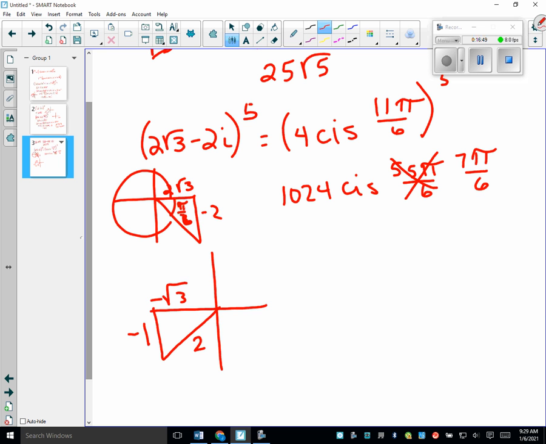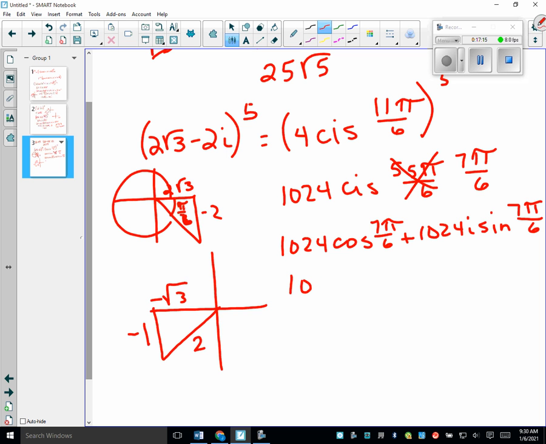Is that correct? So I have 1024 cosine 7 pi over 6 plus 1024 i sine of 7 pi over 6, right? What's the cosine of 7 pi over 6?